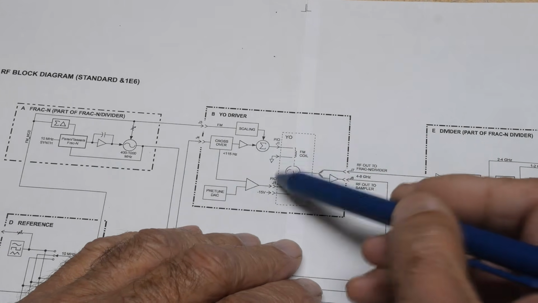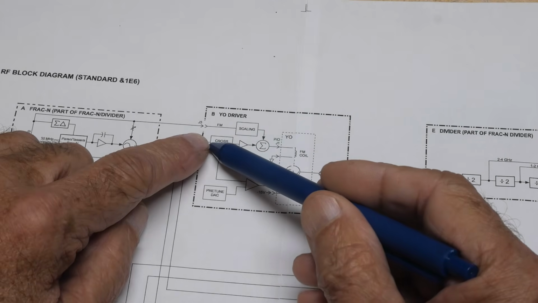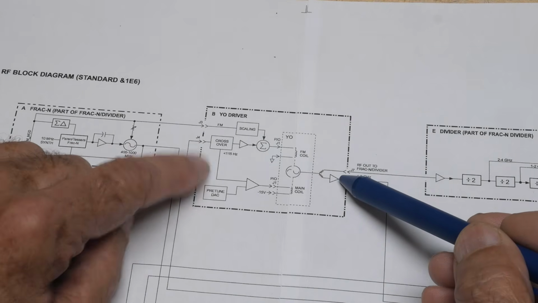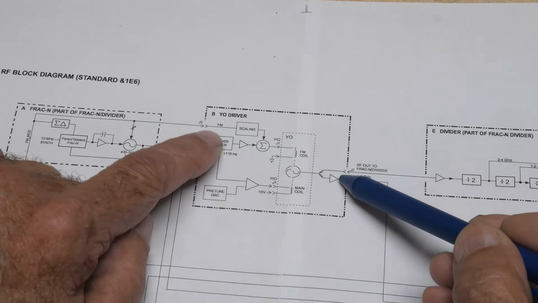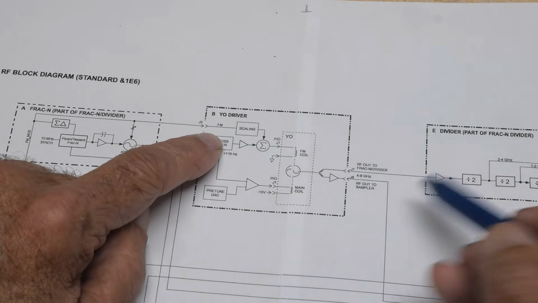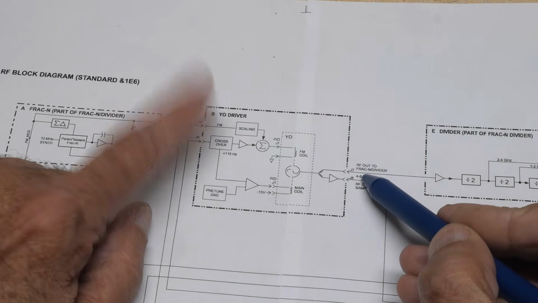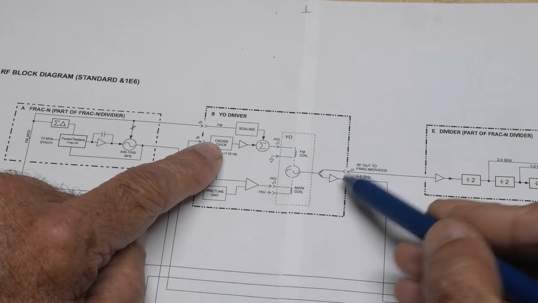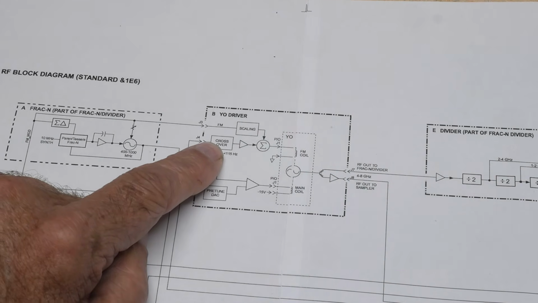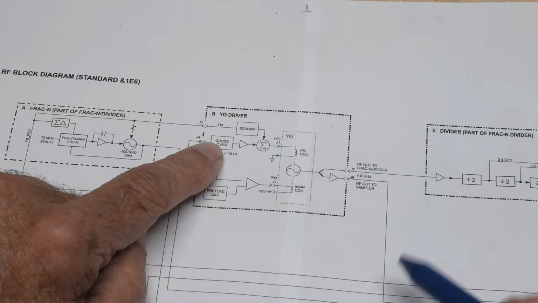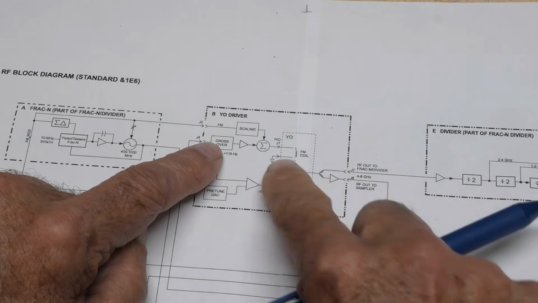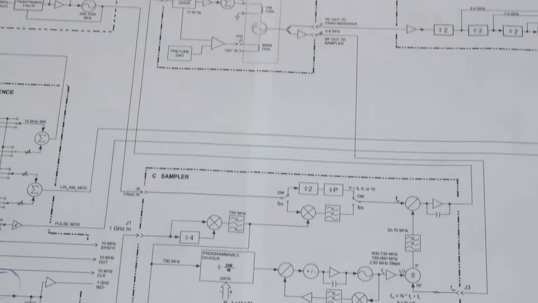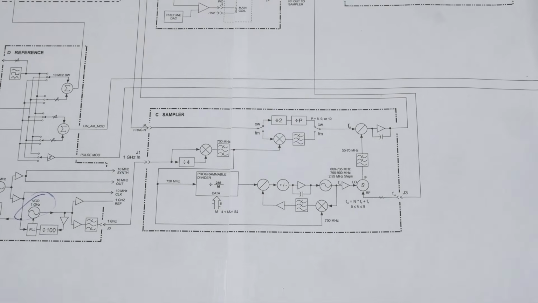And so what you need to have is a voltage on the input that's equal to the frequency on the output, okay? So there's some range of voltages that tune it from 4 gigahertz to 8 gigahertz, okay? So we need to generate an accurate voltage to give us the frequency that we want out here, okay? And the way that we're going to get that accurate voltage is that we're going to take some of the output and we're going to run it down into a thing called a sampler, because it's going to sample it.